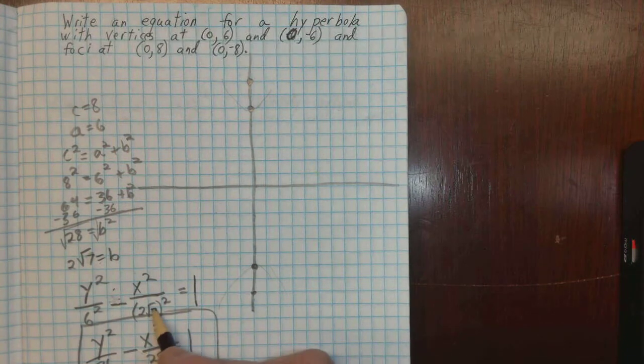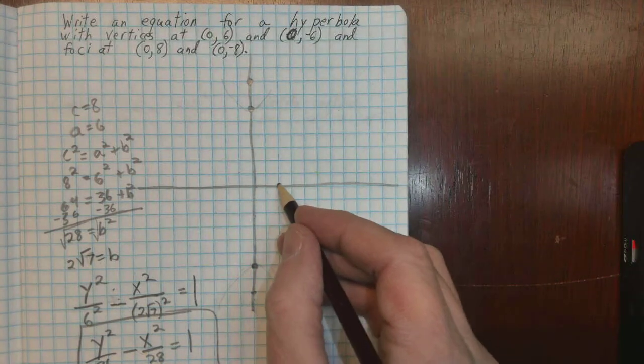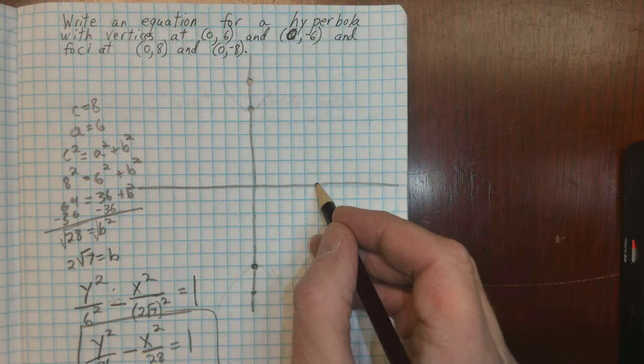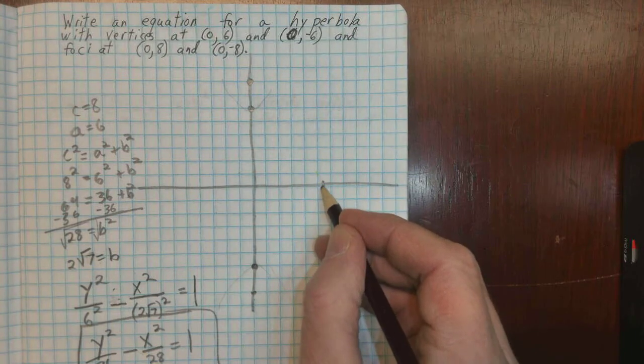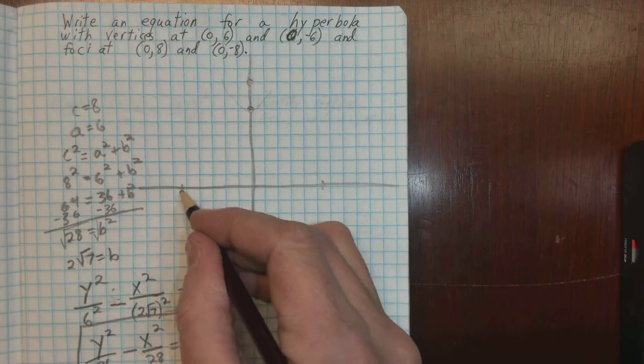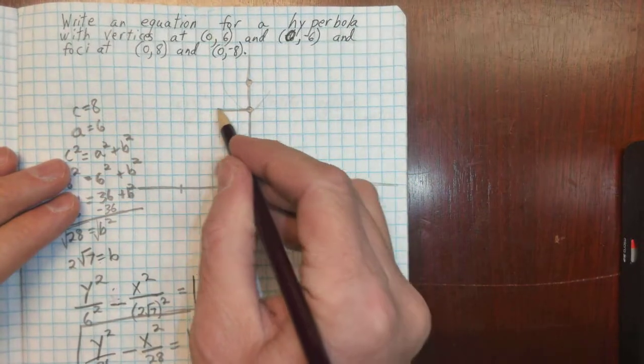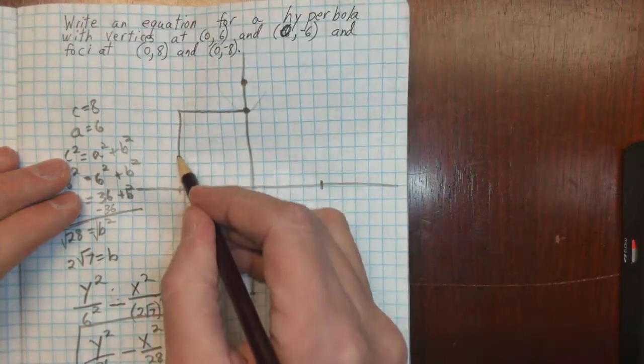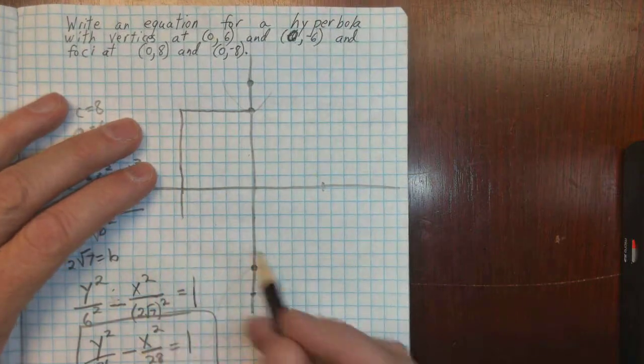Square root of 28. Square root of 25 is 5, so it's a little more than 5. 1, 2, 3, 4, 5, and some change here. Just wanted to kind of draw this out a little bit.